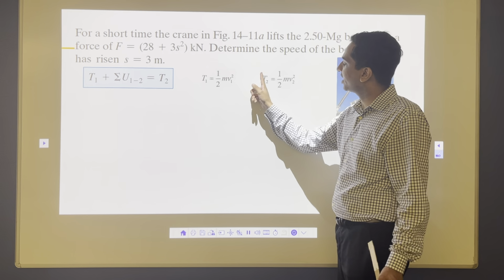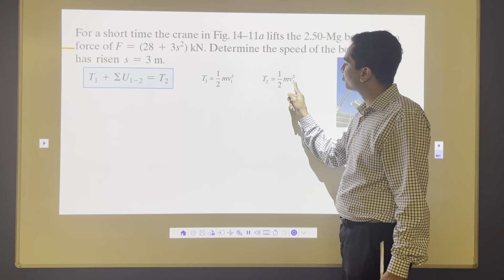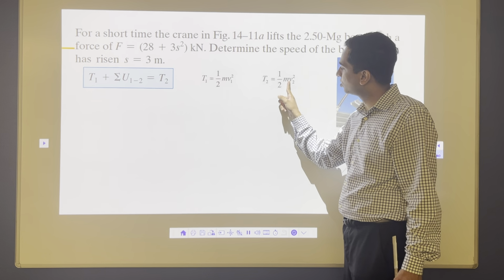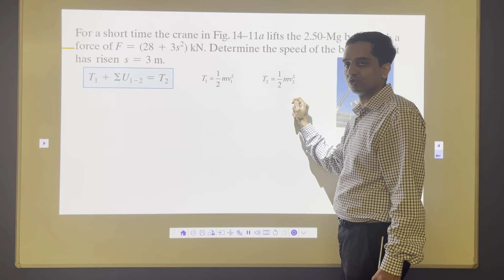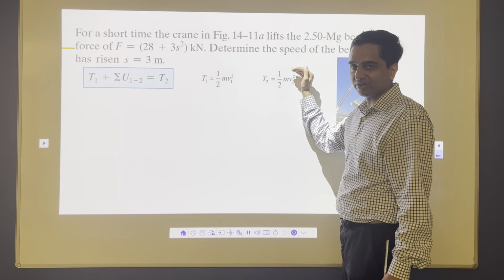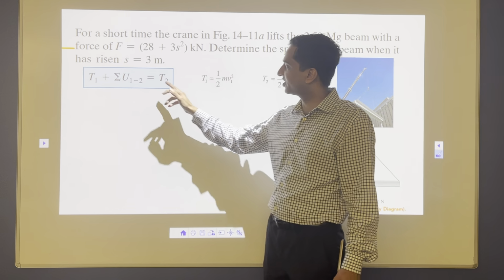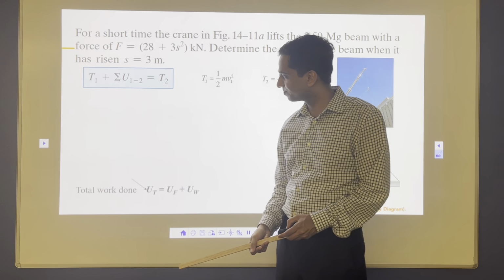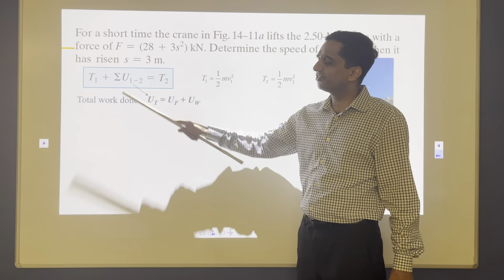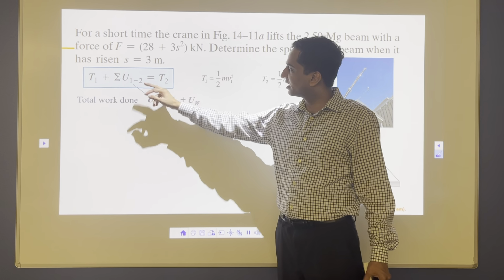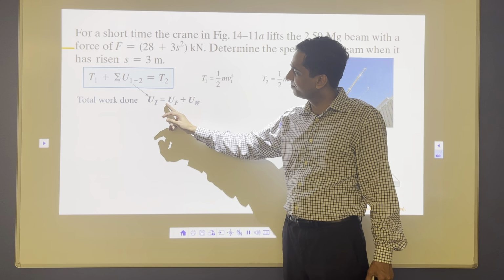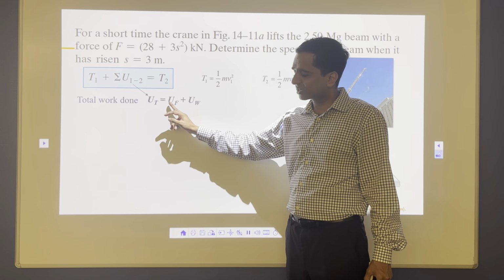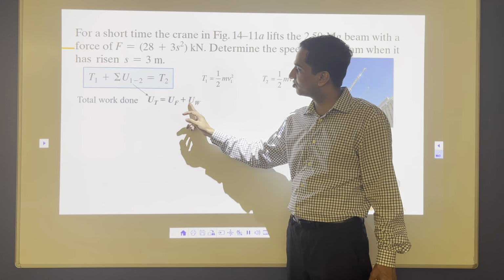So all you have to do is find out T2. That's 1/2 mv², mass is 2500 kilogram, we know. We have to find out V2, velocity at the 3 meter mark. So this velocity at the 3 meter mark comes from the work done from 1 to 2. What is this work done? It's the work done by the force in the upward direction, and then the work done by weight.